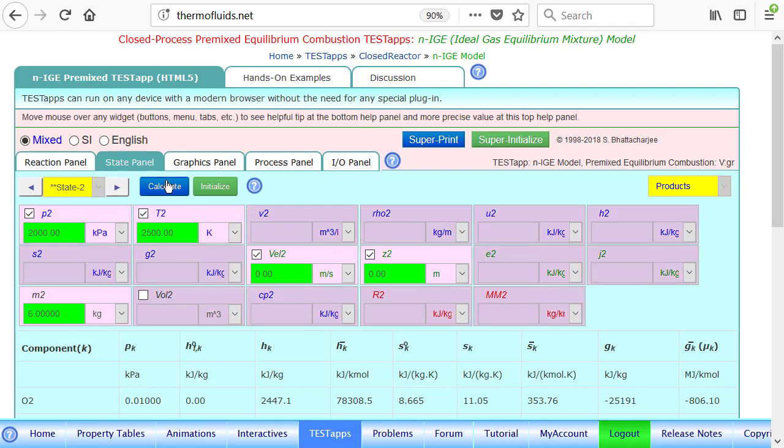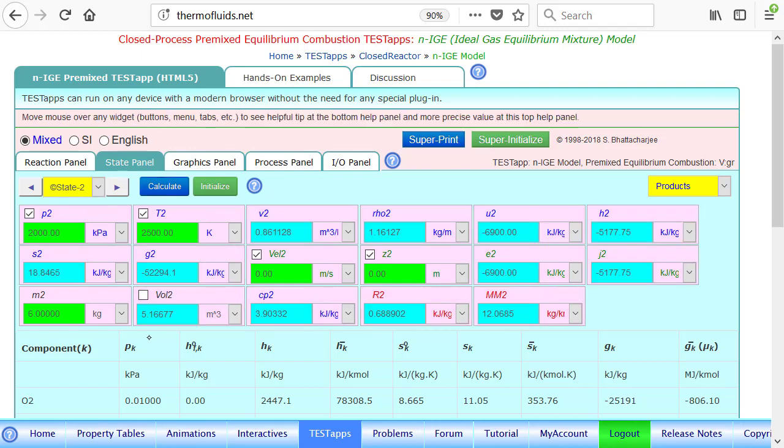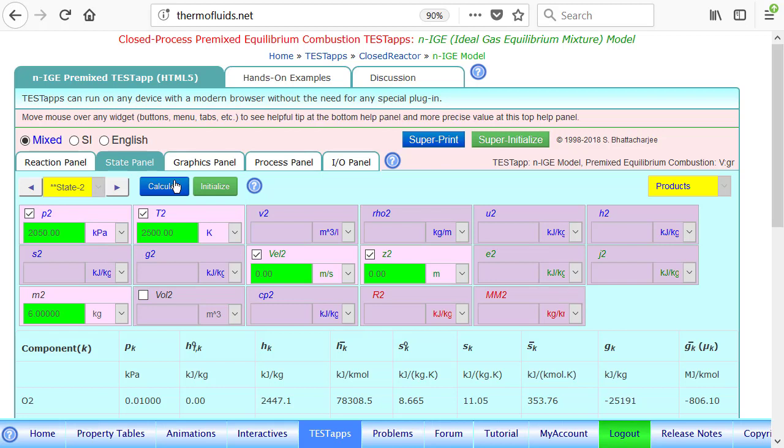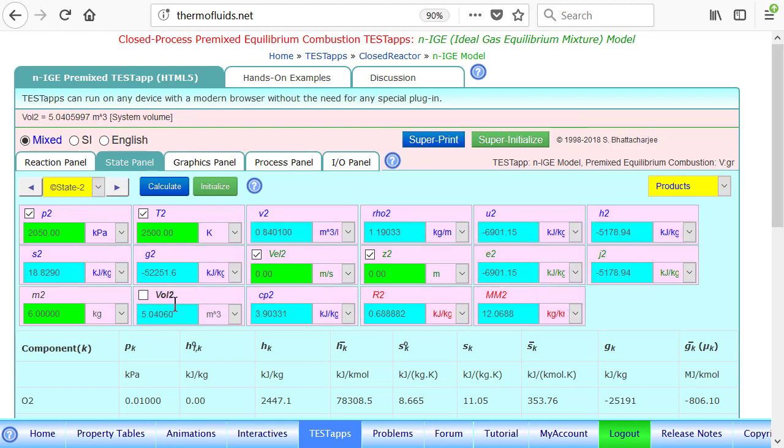That should increase our volume. Yes, it is more than 5. If you iterate like that, we're quite lucky and have done a little bit of iteration, and I found that 2050 will produce pretty close to 5 meter cube of volume, 5.0. So that's close enough, let's say.